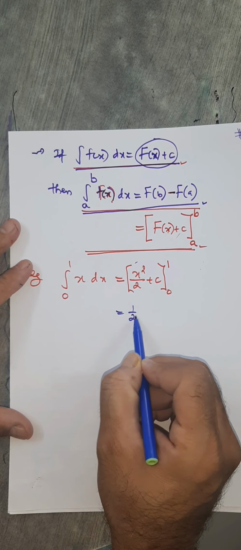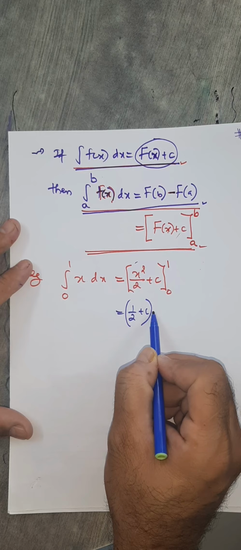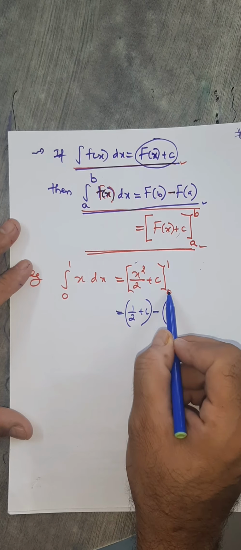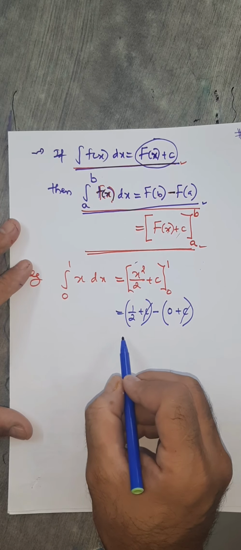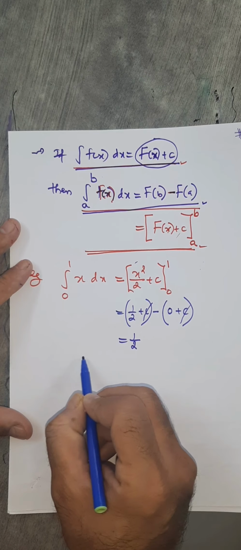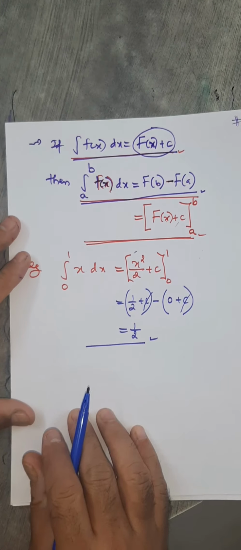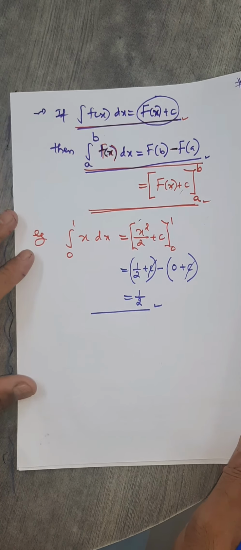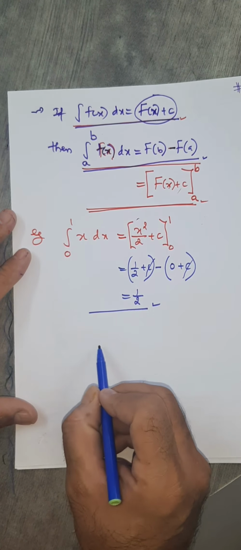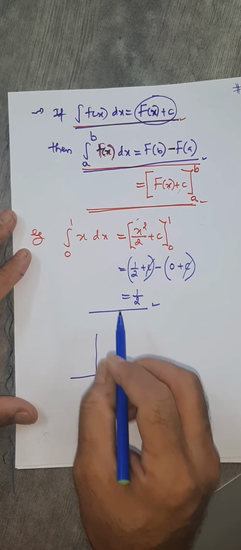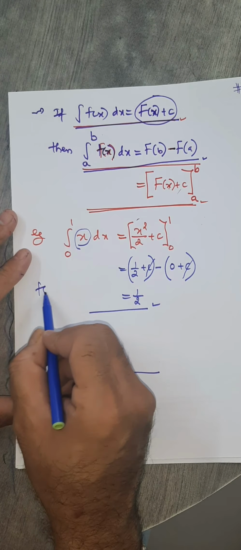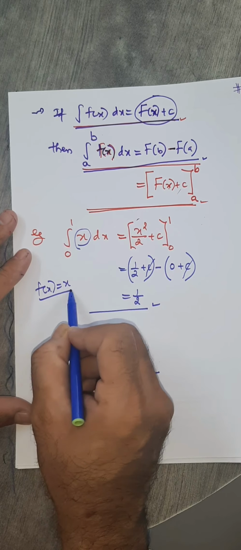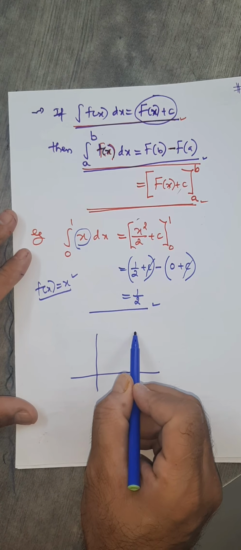So 1 by 2 plus c, minus, instead of x you put the lower limit, that is 0 plus c. You can see that c will get cancelled, and the answer is just 1 by 2. So this is the definite integral, remember. Let me just illustrate what this says. You know that f(x) equals x is a straight line through the origin. It would be like this.